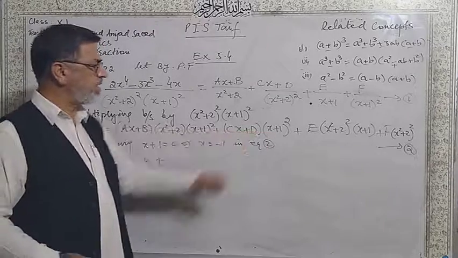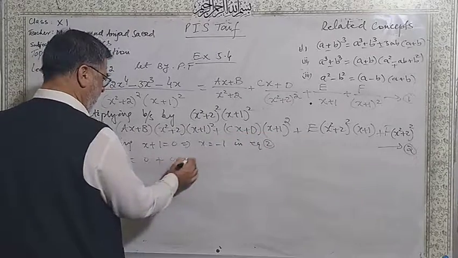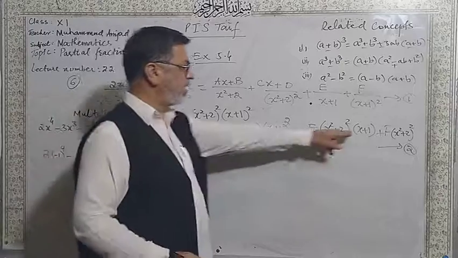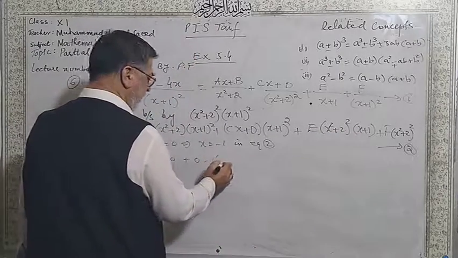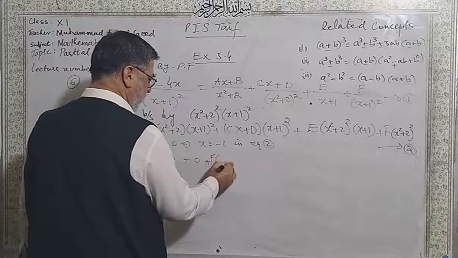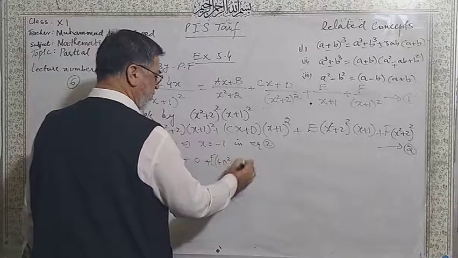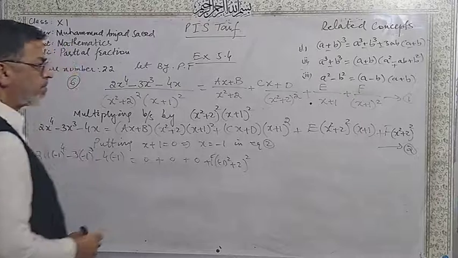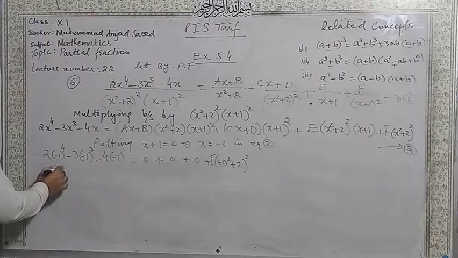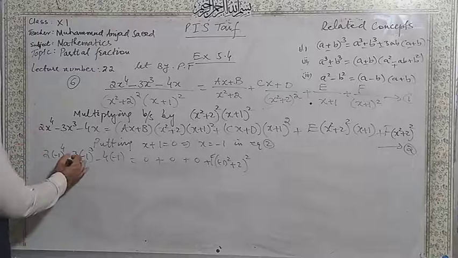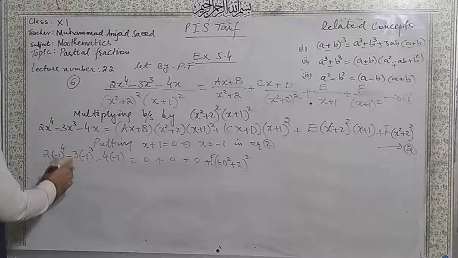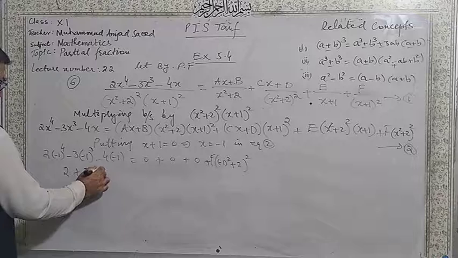Here x + 1 is involved, so the whole term is 0. Similarly, x + 1 here is 0, and we have f into ((-1)^2 + 2)^2. This is 2 because (-1)^4 is 1. So here is negative, minus minus plus, here is plus.